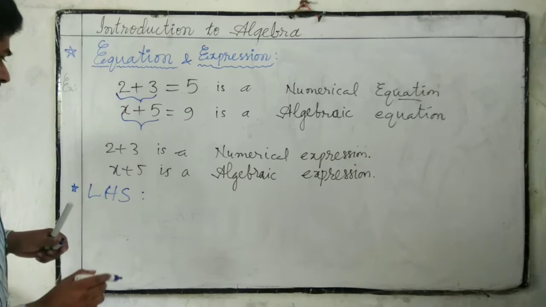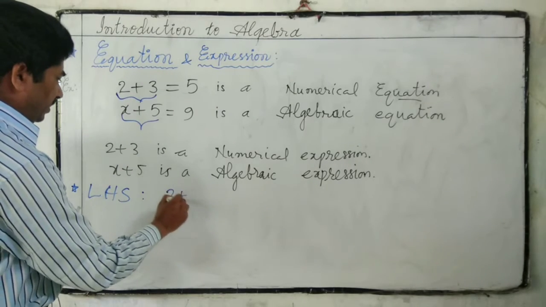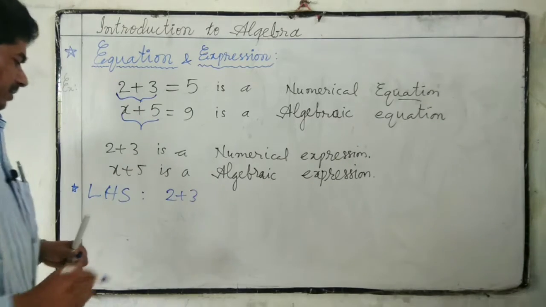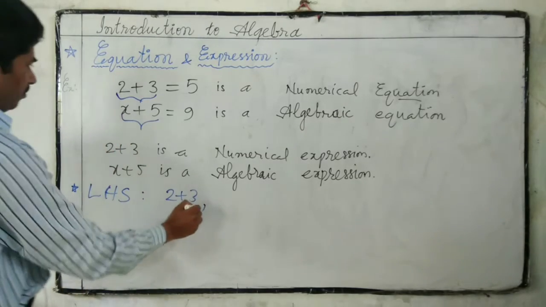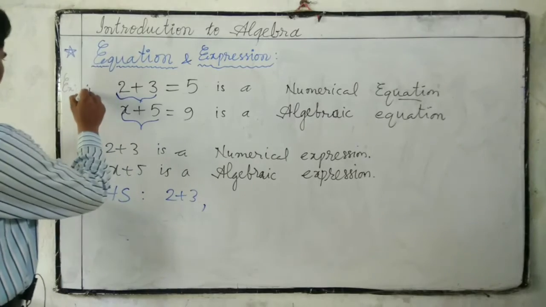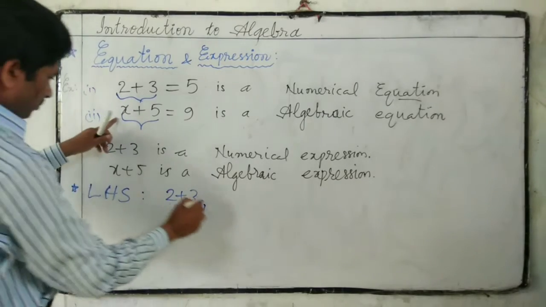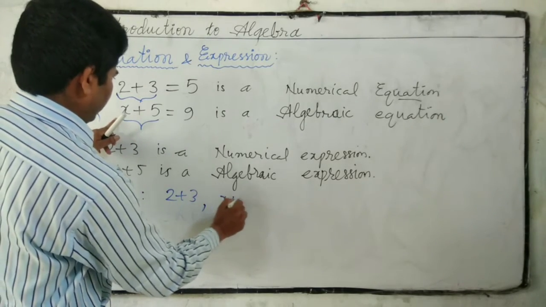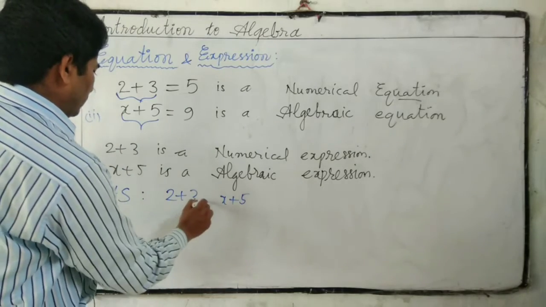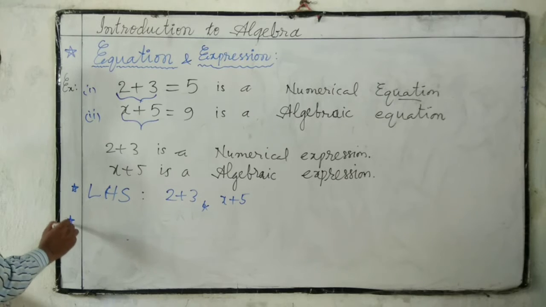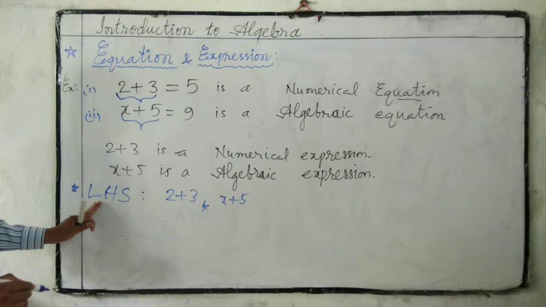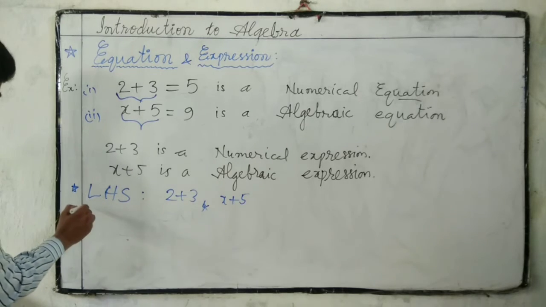In this equation, 2 plus 3 is the LHS. In this equation, the LHS is x plus 5. These two are LHS. LHS means left hand side.